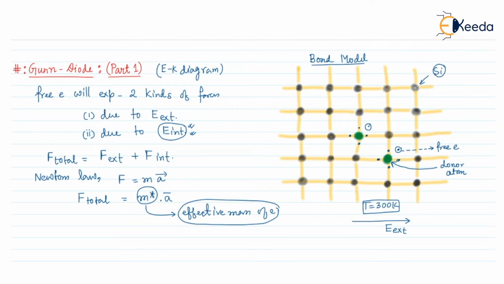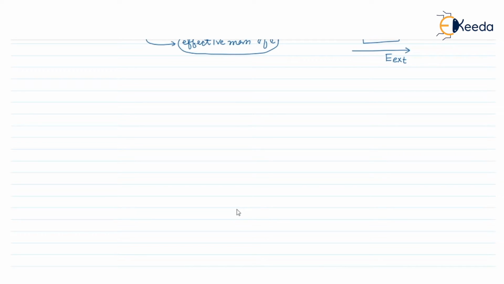So right now we can say that the total force on the electron will be m star a. Since it is for the electron, we state that the effective mass of the electron is m star.